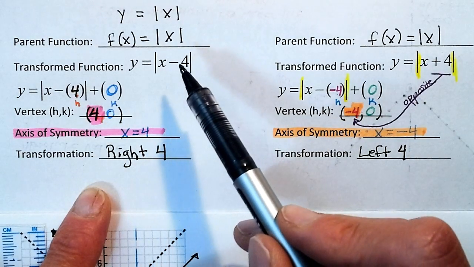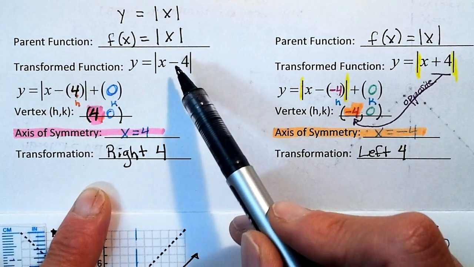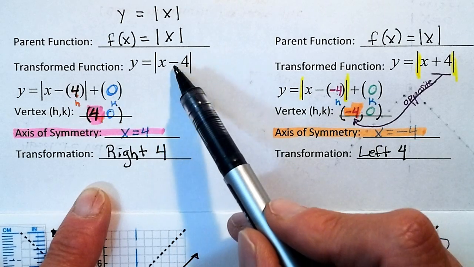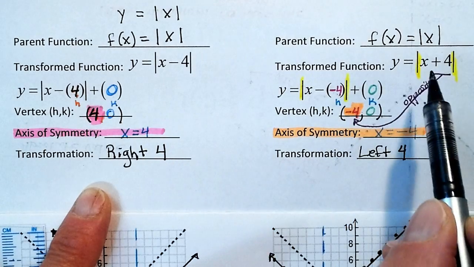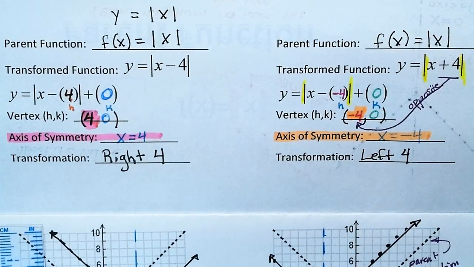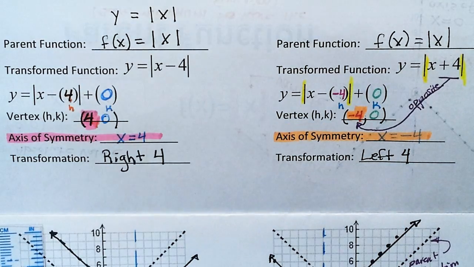So it's moving it horizontally opposite the direction of the sign. So you may just want to keep that in mind. In the next video, we're going to look at a vertical translation, and we'll see how that is a little different.